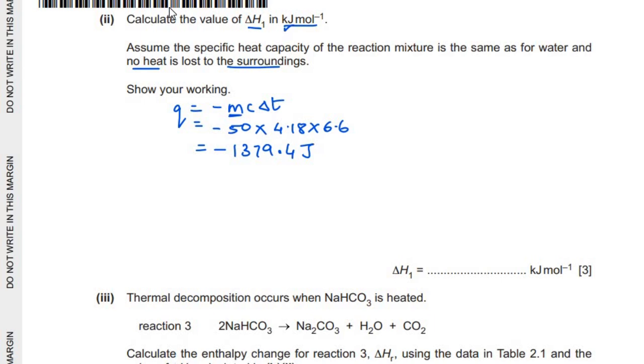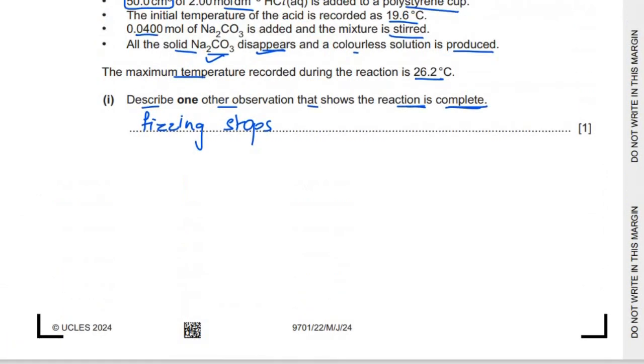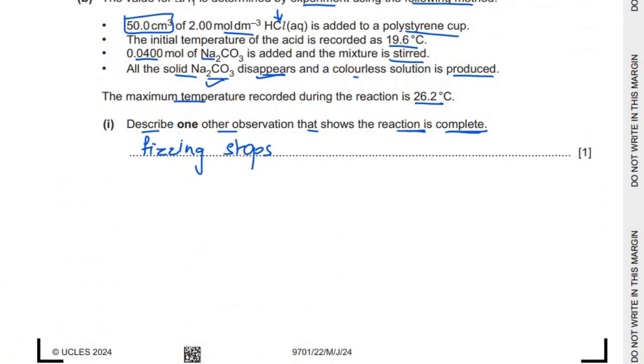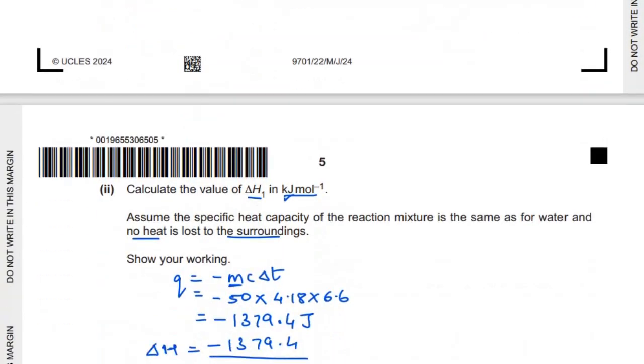If we want to calculate it per mole, then we need to find the enthalpy change, where we divide the energy change by the amount of moles. The amount of moles we have used for sodium carbonate is 0.04 moles, because that's the limiting reagent.